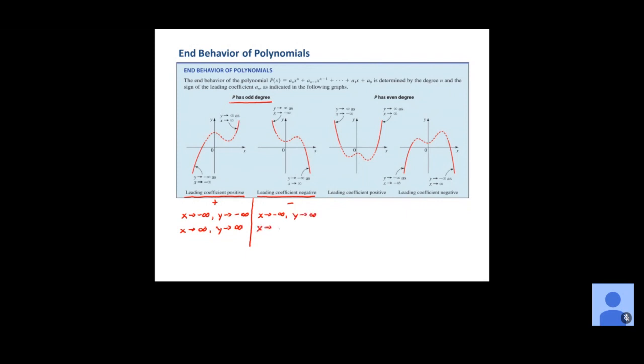And as x goes towards positive infinity, as we go to the right, what's happening to the y values this time? They're going towards negative infinity. Good. And so that's how we would describe the end behavior for that second graph. Any questions on the two graphs where the degree is odd?